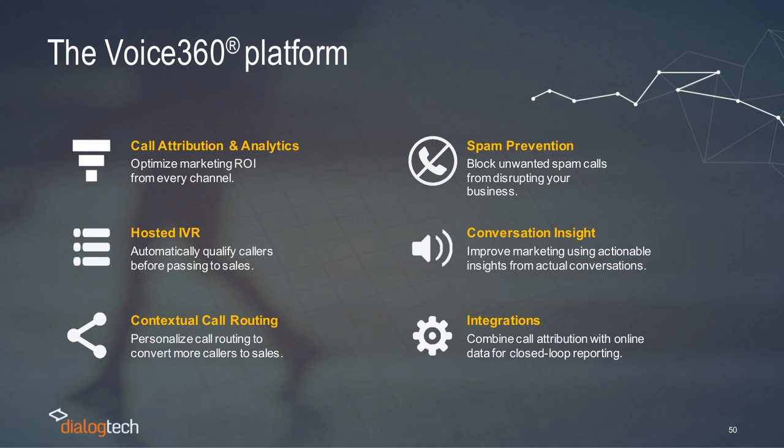And then conversation insights, where you can actually listen in on calls and get more insights from those conversations, as well as integrate all of this call data into the different MarTech tools that you are already using. If you're already using a CRM system or a bid management system or a web analytics system and many more, you can integrate this call data directly into that, just like we walked through for AdWords.